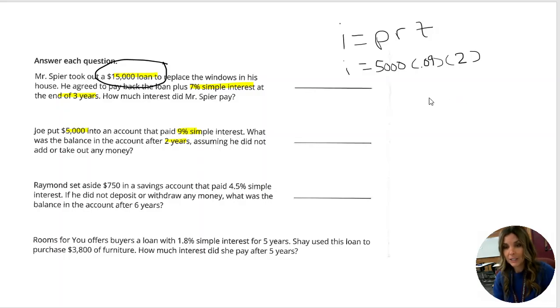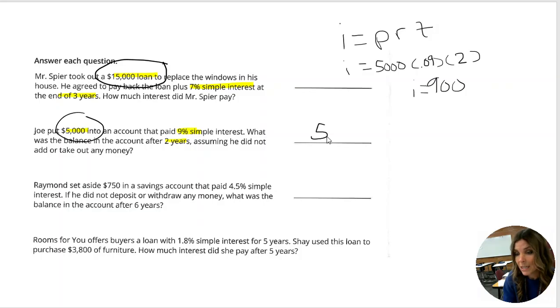And then to figure out the balance in the account after 2 years, we first need to take the 5,000, multiply by 0.09, multiply by 2, which is 900. Okay, so we made $900 in interest, and he already had 5,000 in the account. So after 2 years, the total amount of money in the account would be $5,900.